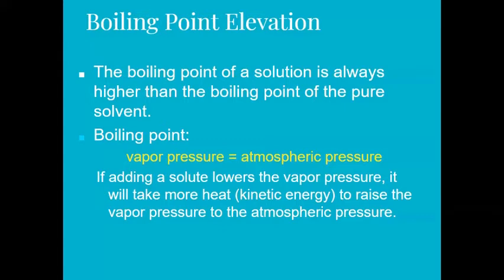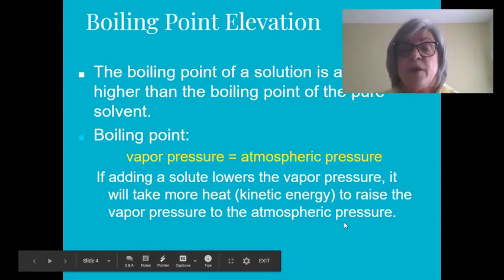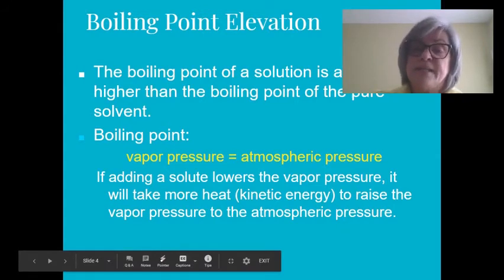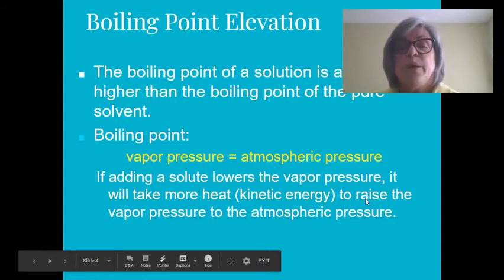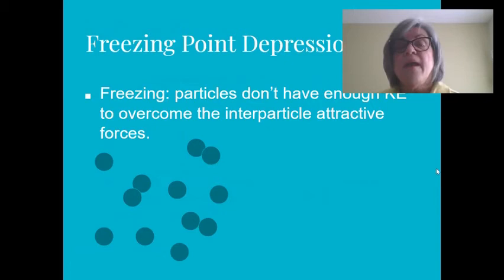The boiling point of a solution is always higher than the boiling point of a pure solvent. We see an example of boiling point elevation when we add salt to our pasta water. The salt doesn't cause the water to boil faster, but it does increase the temperature at which the water boils. So when we throw our pasta in, the pasta will cook faster because the water temperature is higher.